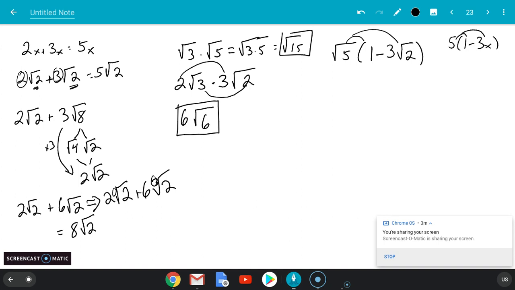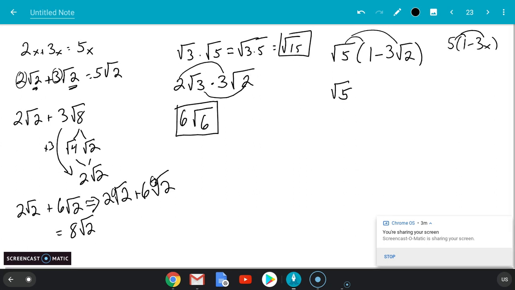Square root 5 times 1 is square root 5. Square root 5 times negative 3 square root 2. The 3 just comes along because there's nothing on the outside except this 1. And then square root 5 times square root 2 is square root 10. These are different radicals, so therefore we are done.